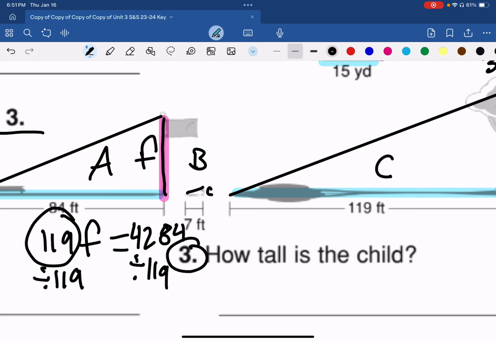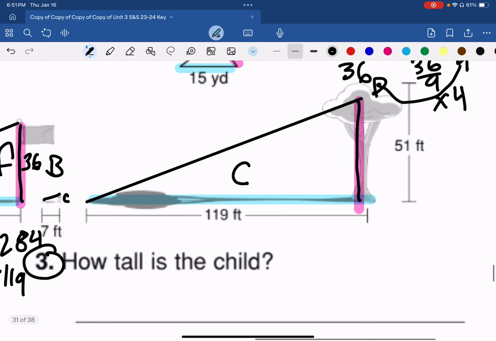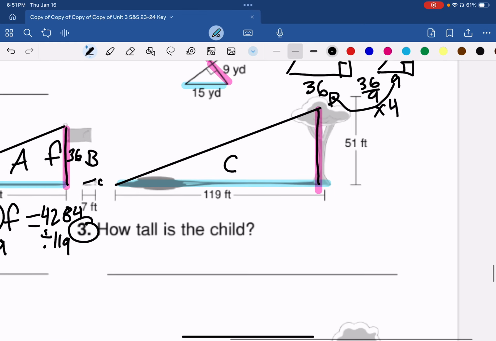We need their height. Now that you know the flagpole is 36 feet tall, you can compare it to either one of these. I'll compare it over here. Now, if you want to do ratios again, we can. I need to compare the height of the child to its shadow.